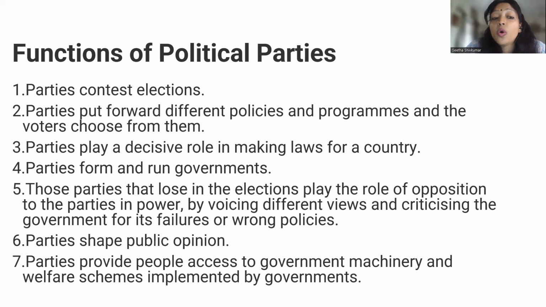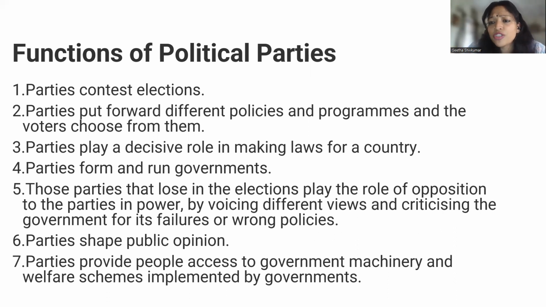They play the role of opposition. An opposition party is like a watchdog. They make sure that they criticize the government's failures, wrong policies, and whatever they are doing wrong, and they bring it to the notice of the public.